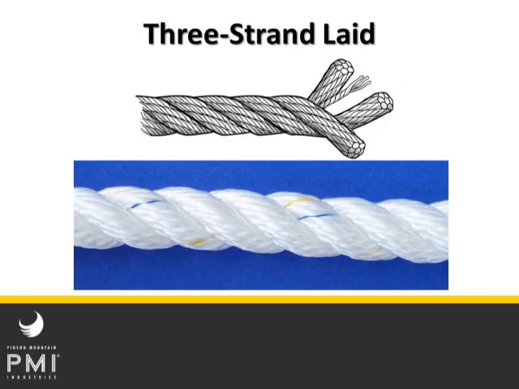Three-strand laid is just that. It's basically twisted yarns where you start with grass or hemp or nylon or whatever you're going to make it out of and twist it. If you see the upper illustration, the smallest bundles are twisted into bigger bundles, which are then twisted into even larger bundles.